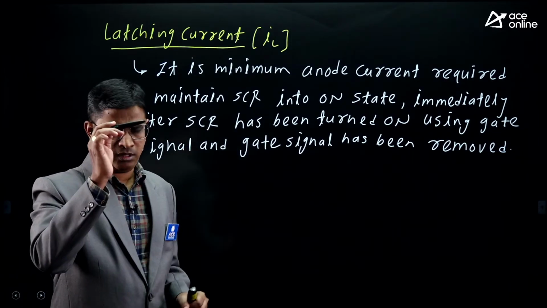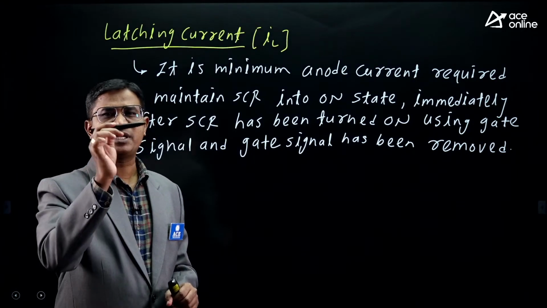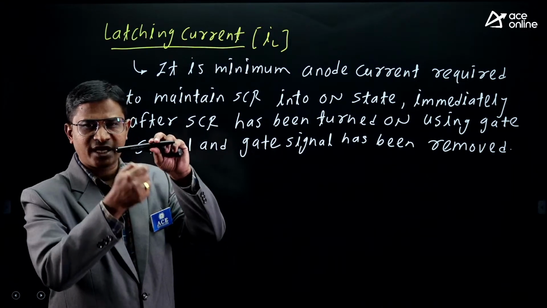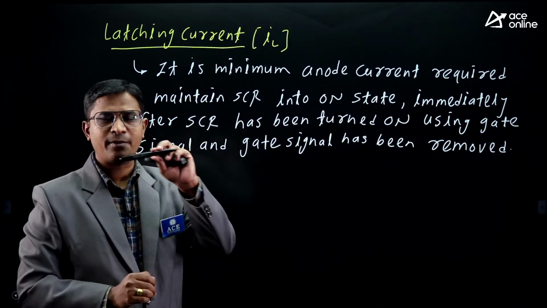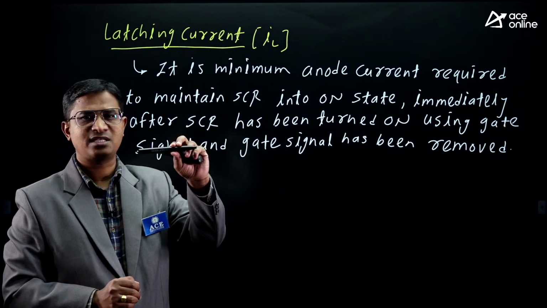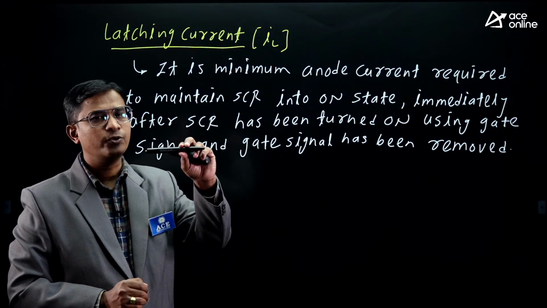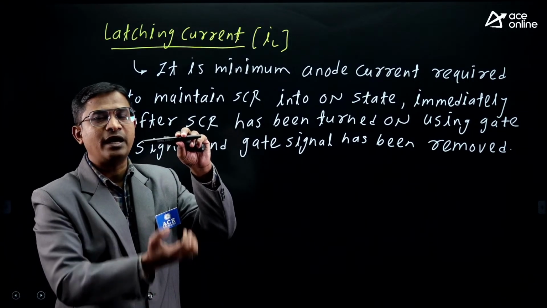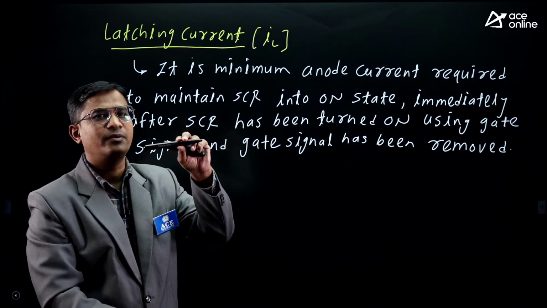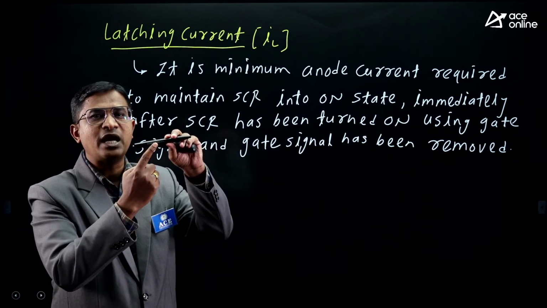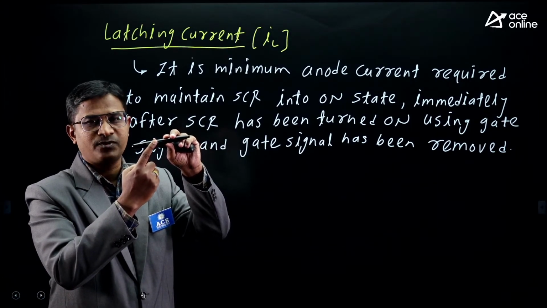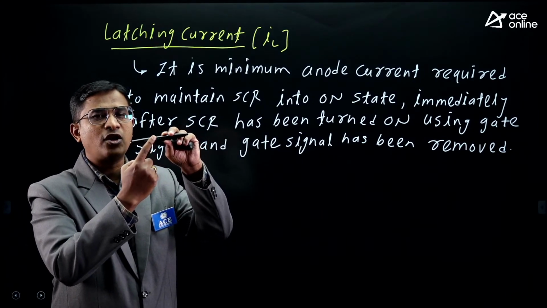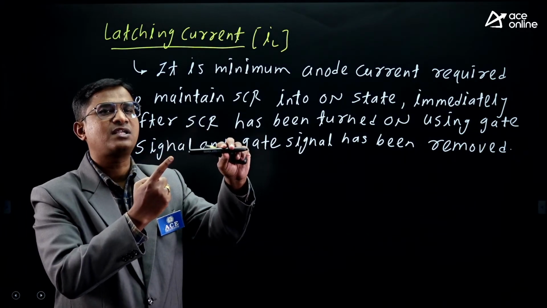Now, this is my SCR. I am turning it on by using the gate signal. Suppose by circulation of the gate current we have turned it on and my SCR is now in the on state. Now, at the instant of removal of the gate signal, what is the minimum value that should be flowing through the SCR in order to maintain it in the on state?